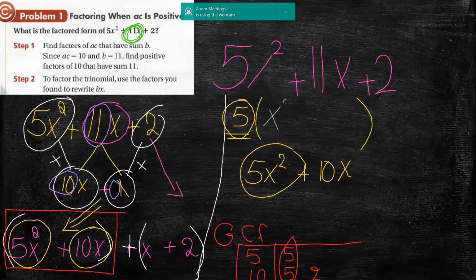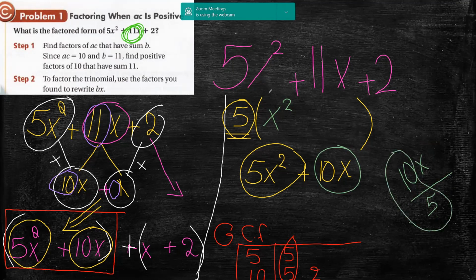It's only x squared. And then this 10x also divided by 5. What will you get? 2x. Yes, 2x.